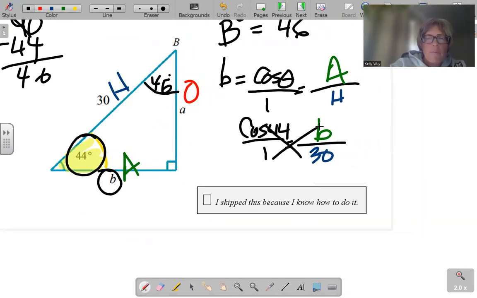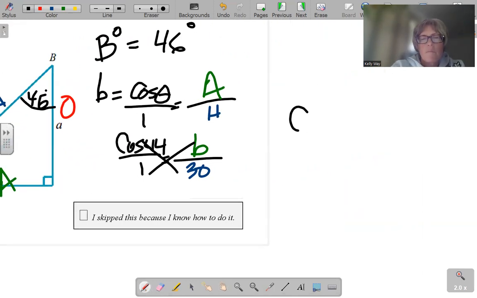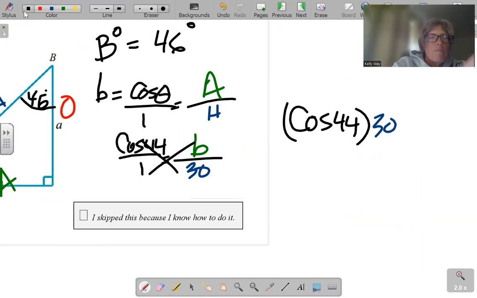Cross multiply. And your variable is by itself, then you can grab a calculator.